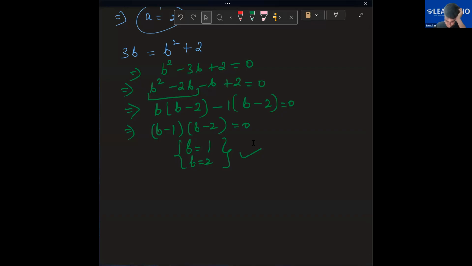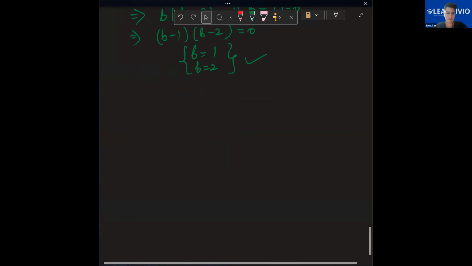So your marks got deducted in the fifth question. That is from relations and functions, in which you had to state whether the relation is reflexive, symmetric or transitive. That was the fifth question.